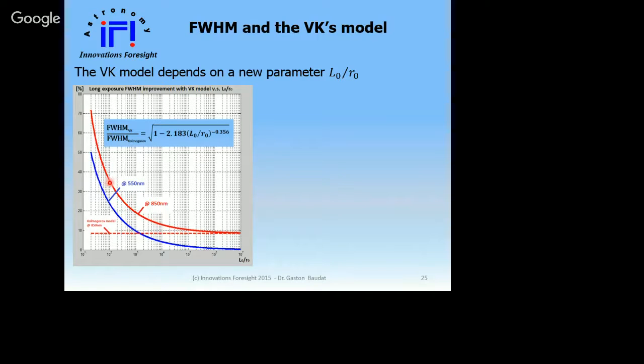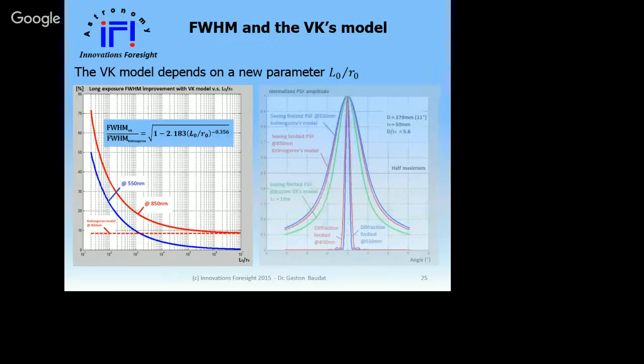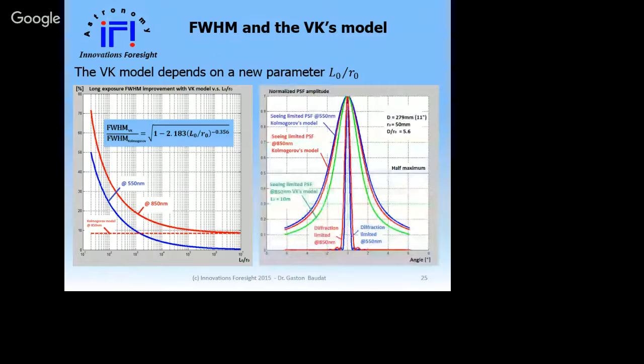I mean, it could be up to 35% improvement versus what the model predicts. And here I have a profile of the star with those different models. Back to the diffraction limit in blue, you see the diffraction limit at 550 nanometer and also at 850 nanometer in infrared.